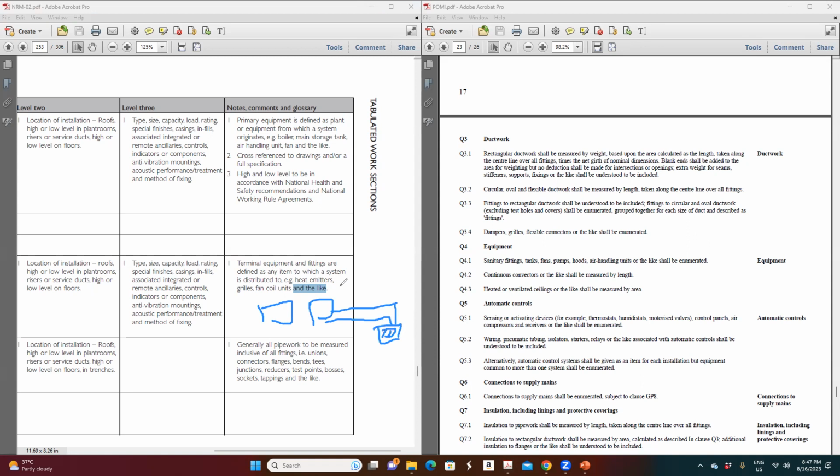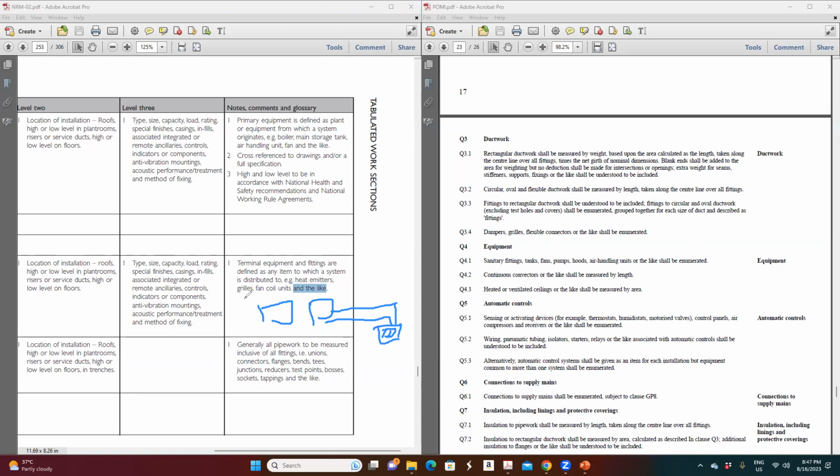Heat emitters. Here we don't have heat emitters, but in the UK there is heat supply, like here we get AC. So that is what they said heat emitters. Here we don't want to put that. If we put that, people will kill you.